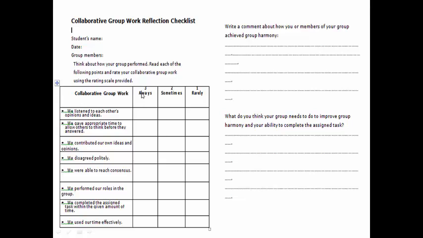In addition, students will also give some comments about how they and their members achieve the group harmony, and also what their group needs to do to improve their group harmony and their ability to complete the assigned tasks.